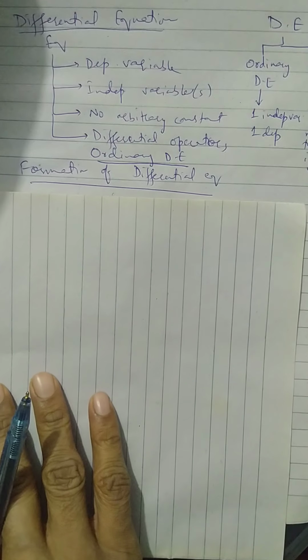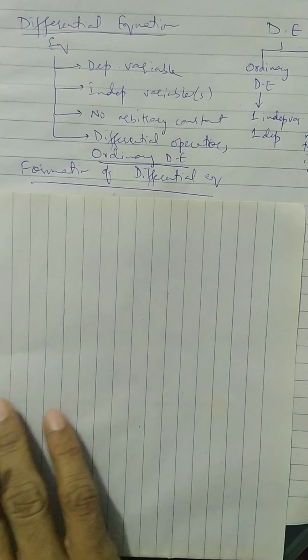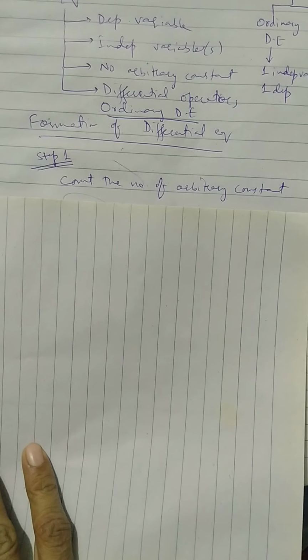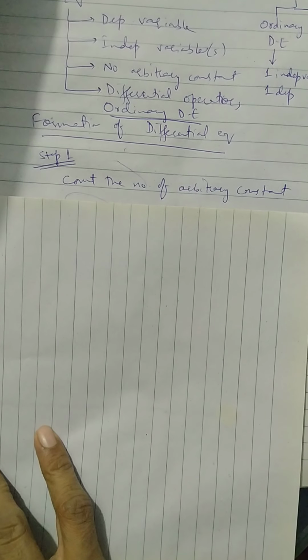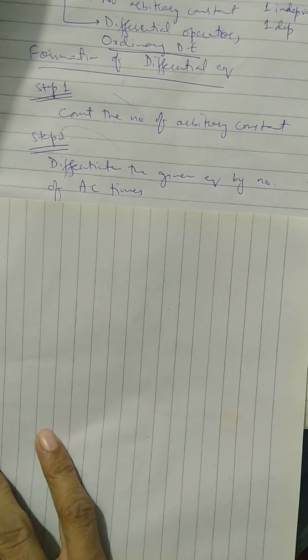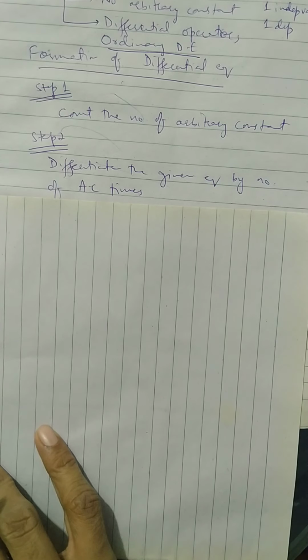The formation of the differential equation consists of three steps. The first step is to count the number of arbitrary constants in your equation. The second step is to differentiate the given equation as many times as the number of arbitrary constants. That means if in any equation you have two arbitrary constants, you have to differentiate it two times, and if you have three arbitrary constants, you have to differentiate it three times.